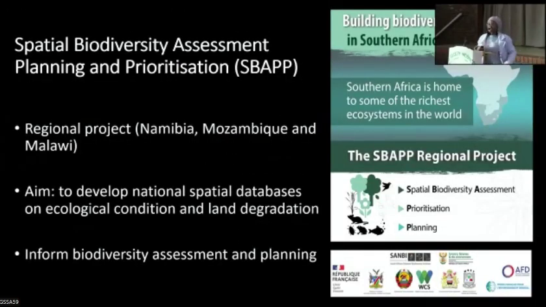Okay, in addressing these data gaps, SANBI, as Wataru mentioned, is leading a regional project called SBEP for short. This project is aimed at developing the National Spatial Database on Ecosystem Condition and Integrity. The aim is to develop a database that is fit for purpose and for the readiness of ecosystem assessment.